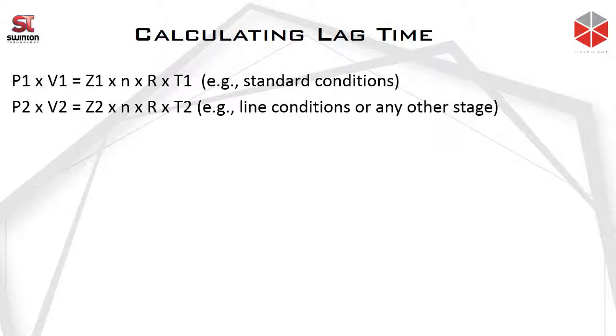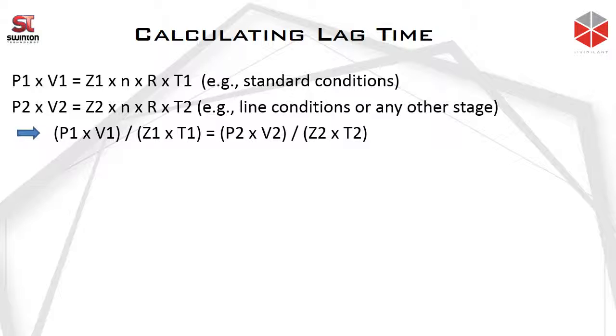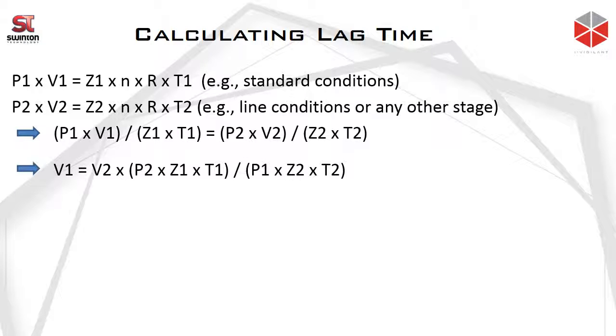We can rearrange these equations because we have the common values of n and R there. So we can rearrange these equations to derive an equation for V1, which is the standard volume, using the volume at other conditions as long as we know the temperature and the pressure and the corresponding compressibility at those other conditions.